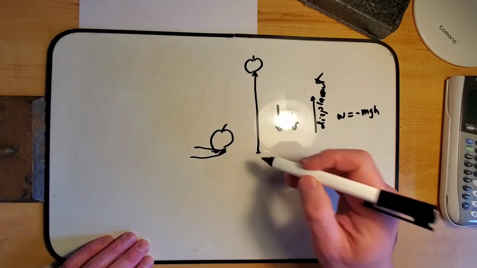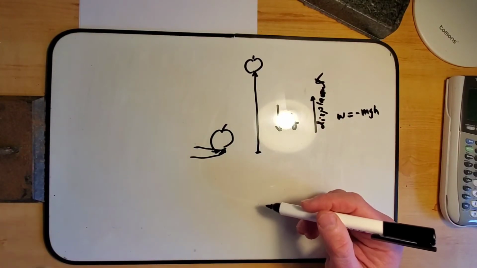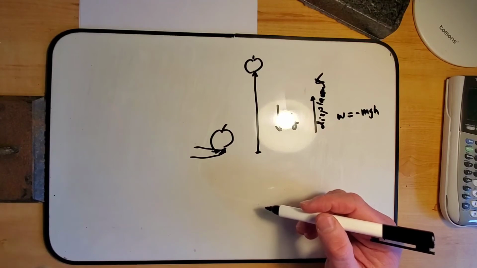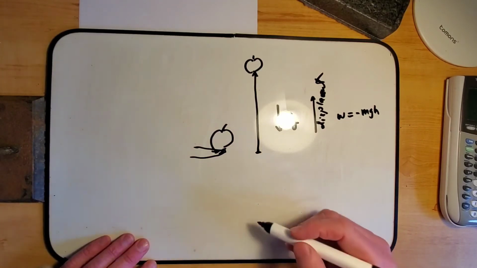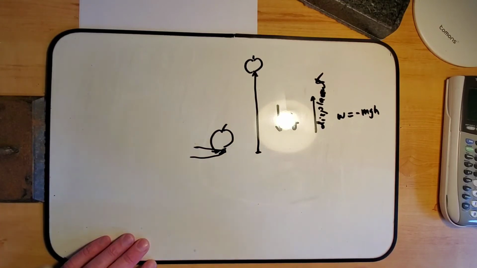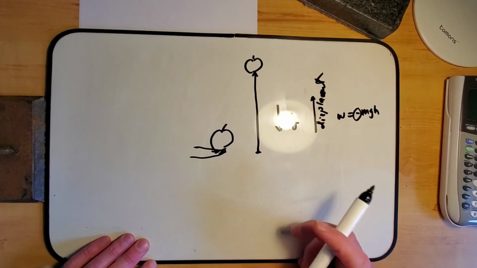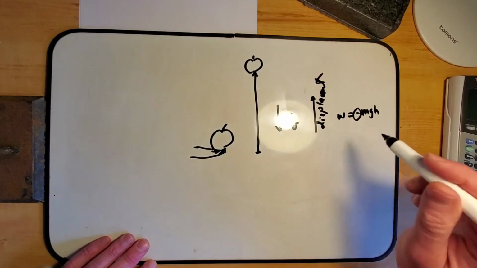If we throw the apple up, first it is given kinetic energy by my hand. But as it goes up, it slows down. What does it mean? It means that it loses energy. There you go, that's your negative sign right here. Anytime an object loses energy, it's always negative work being done.